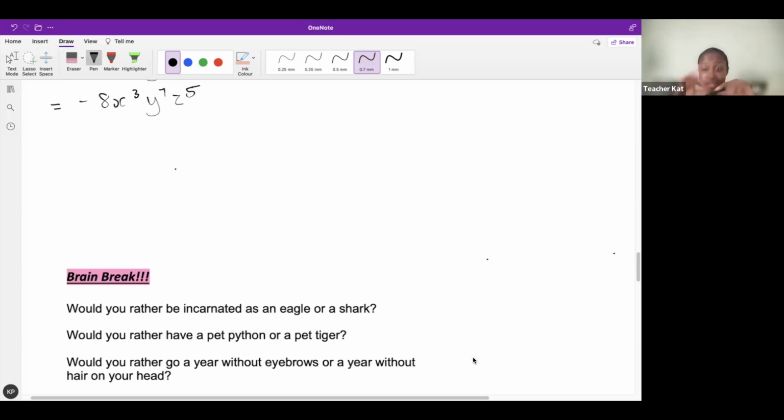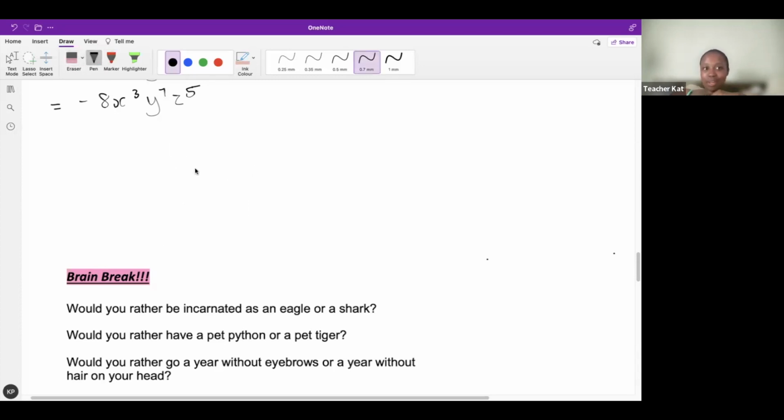I hope you guys can actually draw eyebrows, not the stuff that people do. Oh my goodness. Caleb's like, look, my hair keeps my head warm. I would rather go without hair, guys.